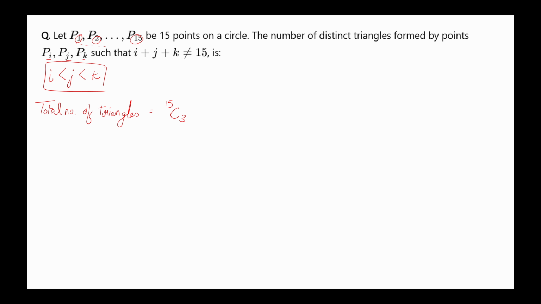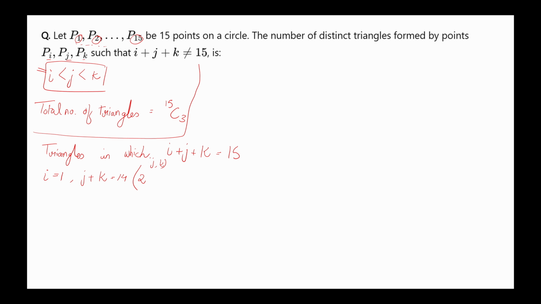Now let us find the triangles in which i plus j plus k equals 15, keeping in mind the condition i is less than j is less than k. Suppose i is 1, that means j plus k should equal 14. What are the possible cases of j comma k?